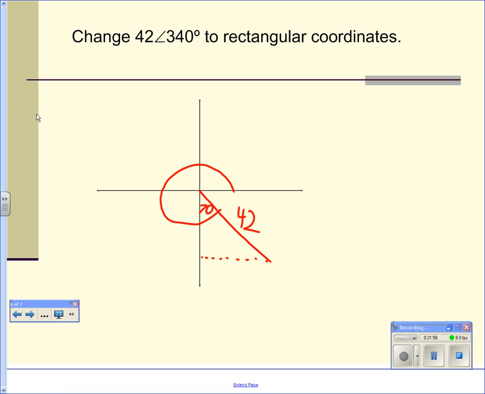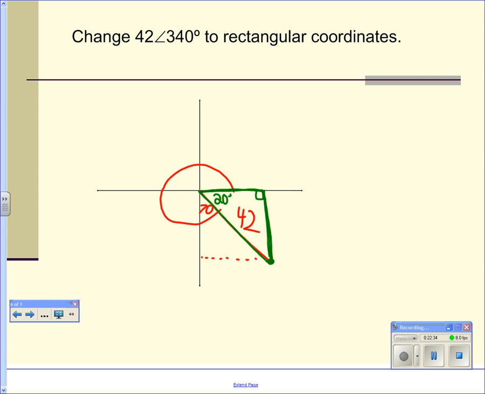Did he put the vector in the right spot though? Close enough, right? You want to use this as your triangle. Always go up to the x-axis. You wouldn't be using 70. What would you be using instead? Does that make sense? Do you see how that works? Any questions on that?